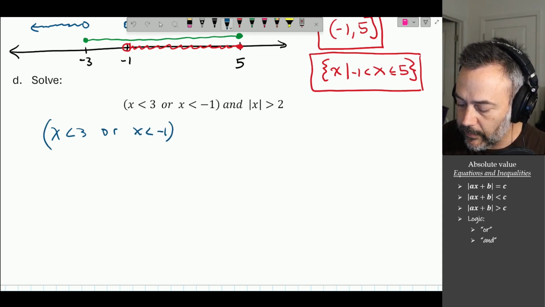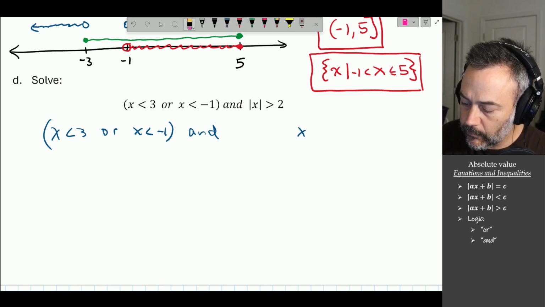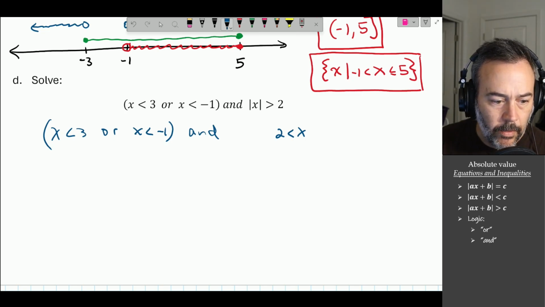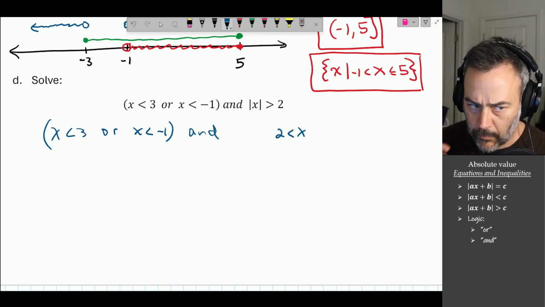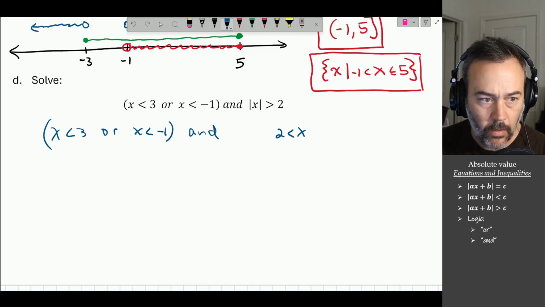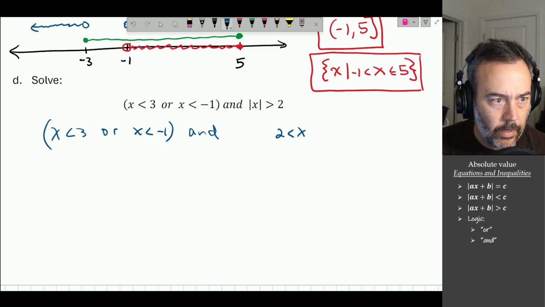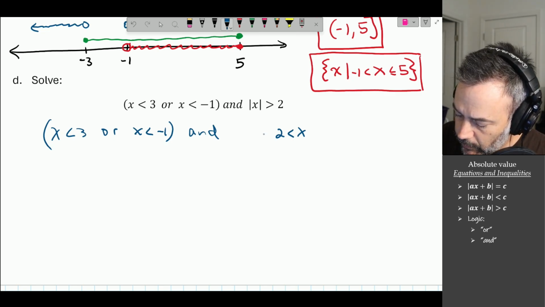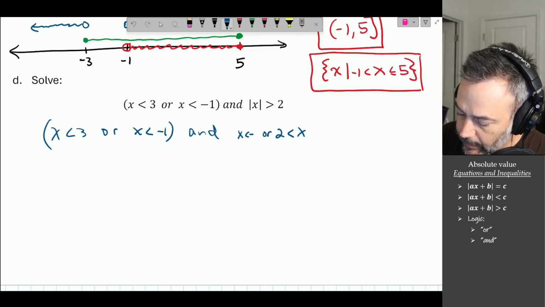That's already simplified. And this one would be x greater than 2 or x less than negative 2.